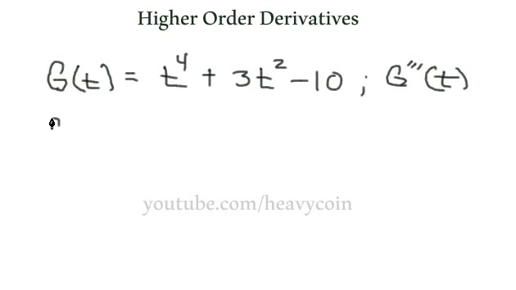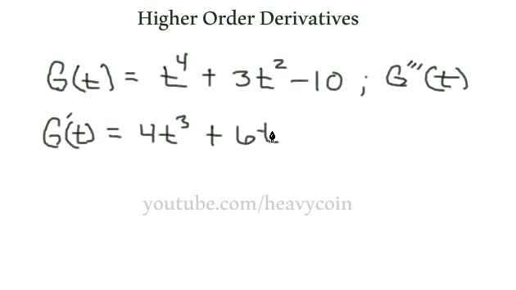So here we go. In order to do that, we've got to find the first derivative, and that's going to be 4t to the third plus 6t, and then of course the derivative of 10 is 0.